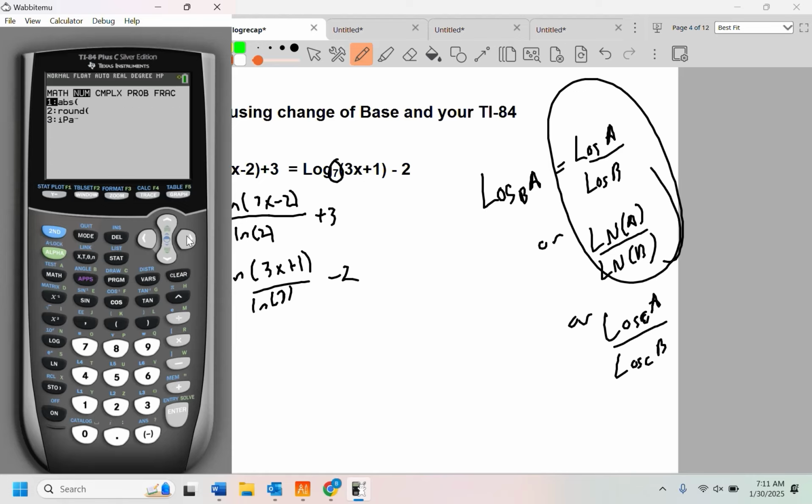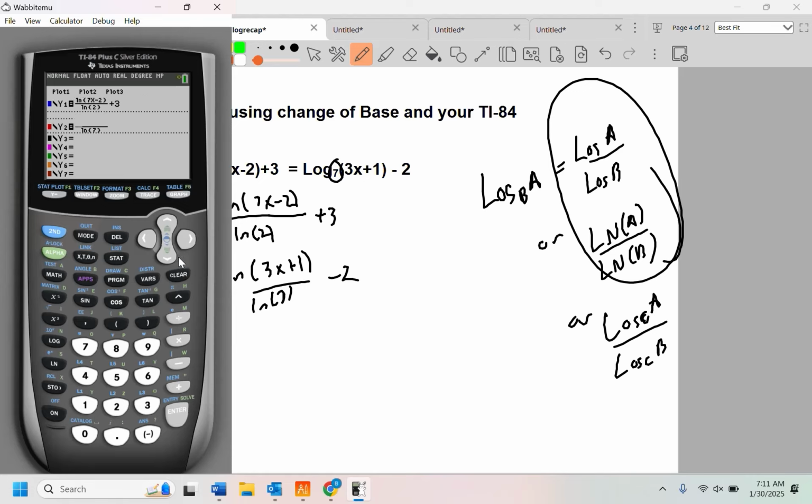Safest way to do this is to go to math, num, n over d. You can tell I'm old school because I'm just typing.